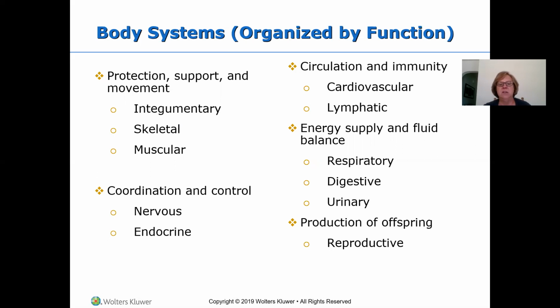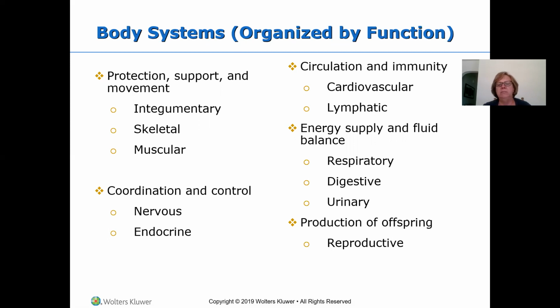Those are the nervous and the endocrine system. We've got circulation and immunity, which are the cardiovascular and then the lymphatic system. We almost overlook the lymphatic system, this drainage system that drains all of our fluids.